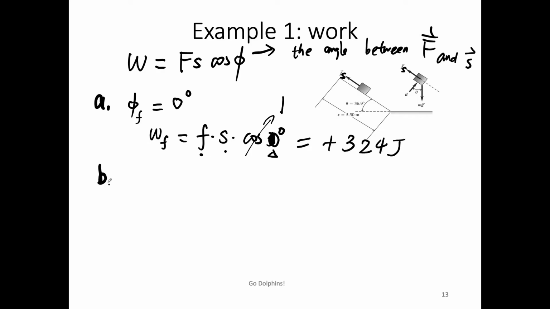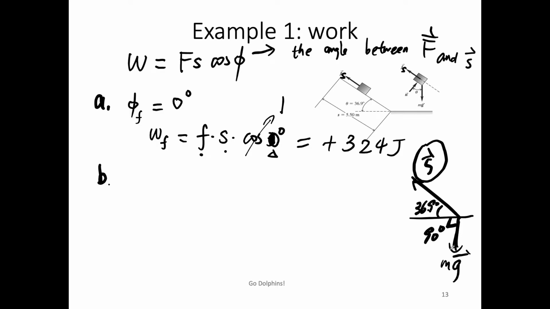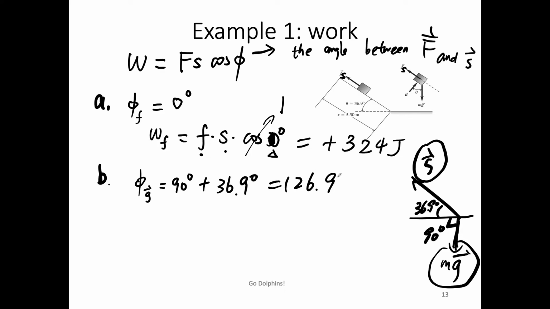Okay. Now I need to find the angle between S and mg. Your S is pointing up along the incline. This is 36.9. Your mg is pointing down. This is 90 degrees. So the angle between displacement and the weight is 90 degrees plus 36.9 degrees, which is 126.9 degrees.